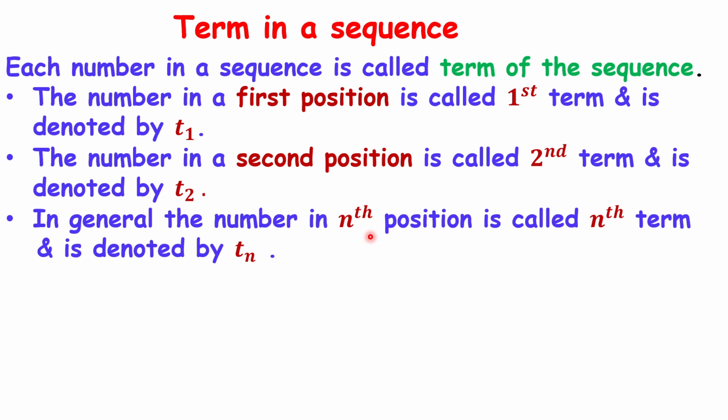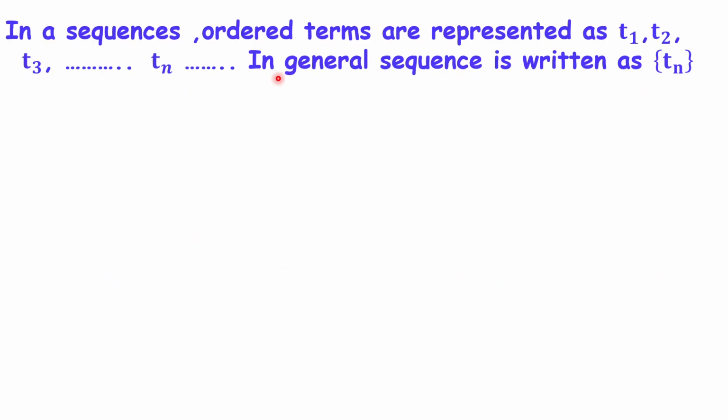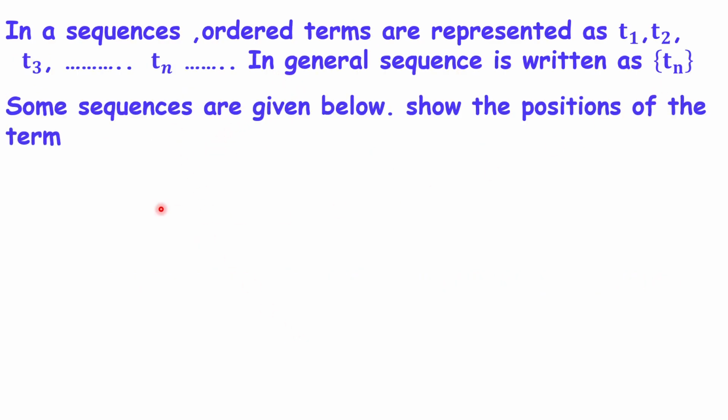The number in the nth position is called the nth term and denoted by Tn. In a sequence, ordered terms are represented as T1, T2, T3, T4, and so on, and Tn. In general, the sequence is written as Tn.